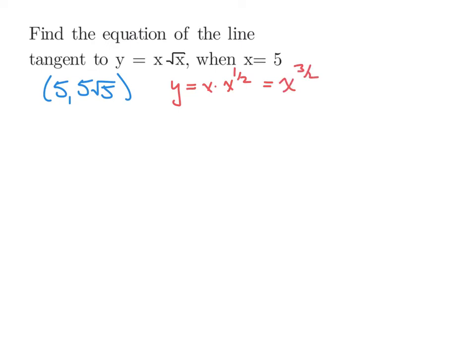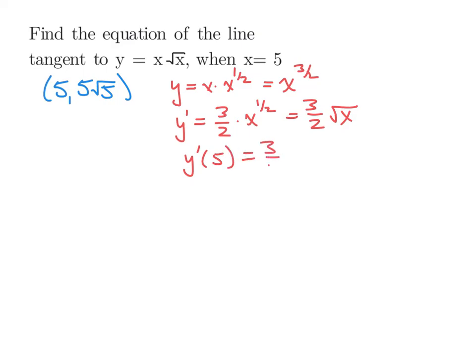Then we can use the power rule to find our derivative. The derivative of y is going to be, bring the power down, so 3/2, and then reduce the power by 1. So 3/2 minus 1 is just x to the 1/2, which would just be 3/2 square root of x. So our slope will be y prime at 5, or 3/2 times the square root of 5.